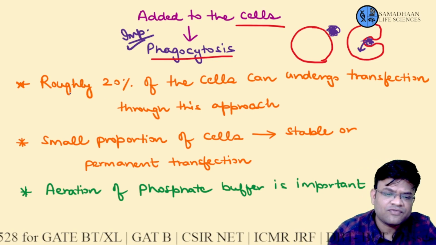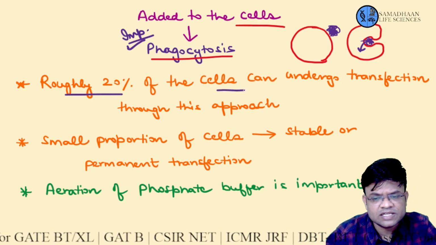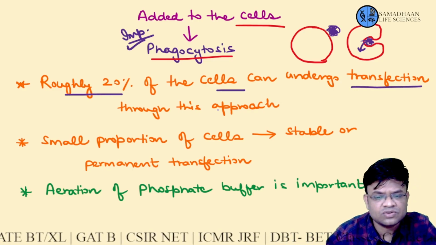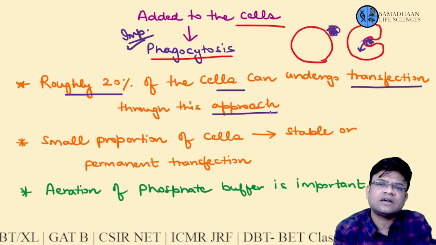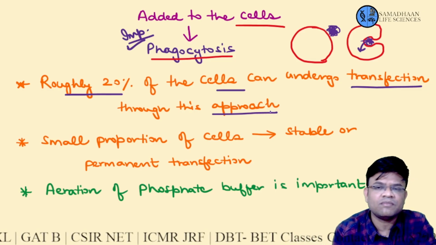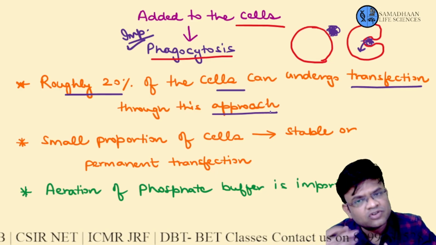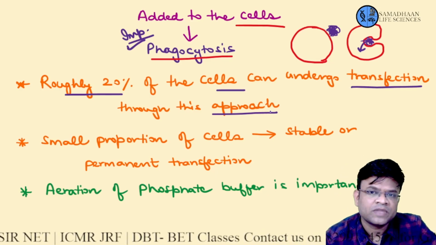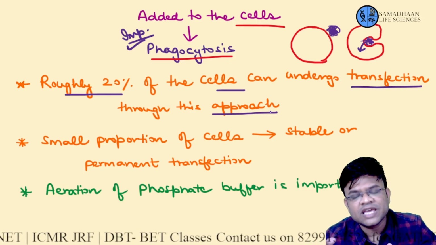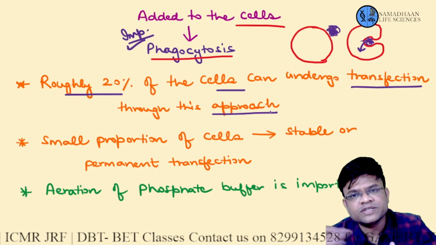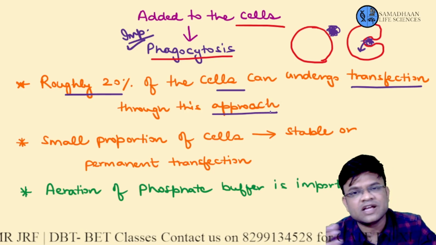Now understand this, roughly 20% of the cells can undergo transfection through this approach. This 20% has been obtained by a lot of modifications of the protocol. Initially, when transfection came into being, only 1 to 2% of the cells were able to get transfected.